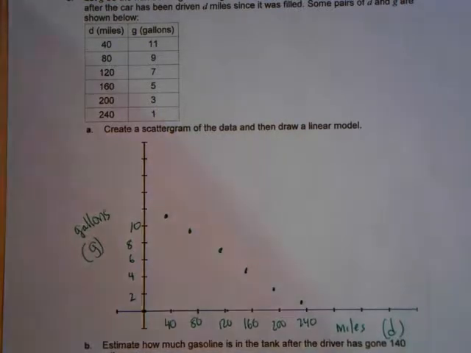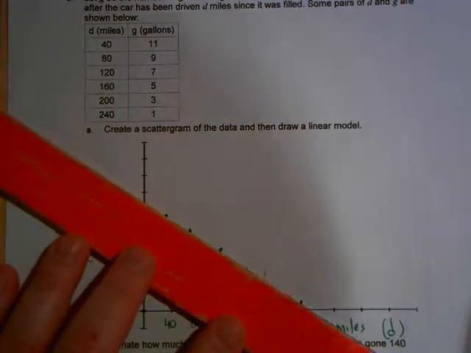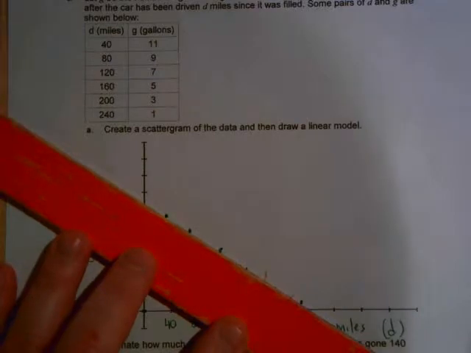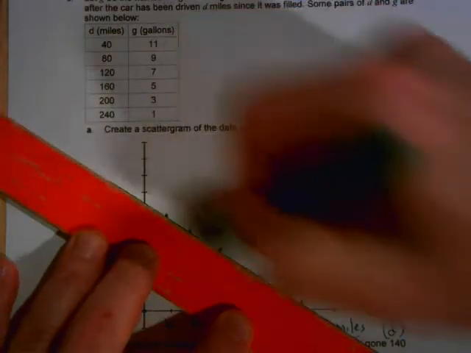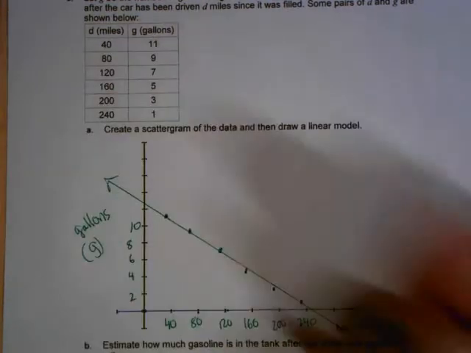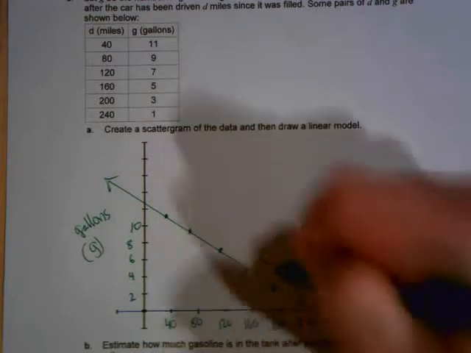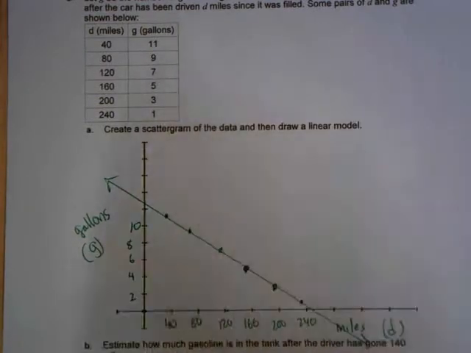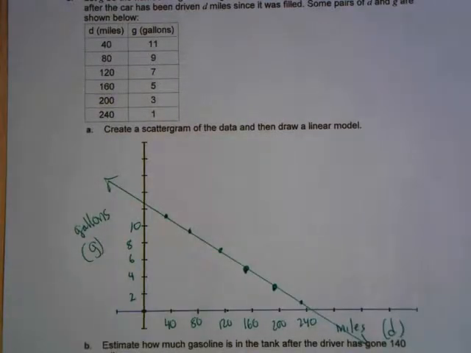Now what should happen is those points should fall into a line. Mine's not perfect, but it's pretty close. It's not perfect because my graphing wasn't perfect. I'm going to use a ruler, make a line, and you know I missed a point here, so you cheat and you make the dots a little bit bigger so that it hits the line. That's not really what you're supposed to do, but we'll call it close enough.